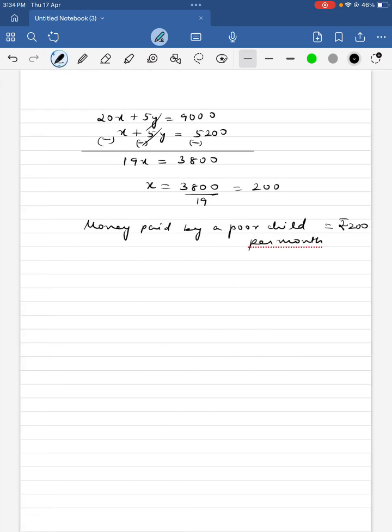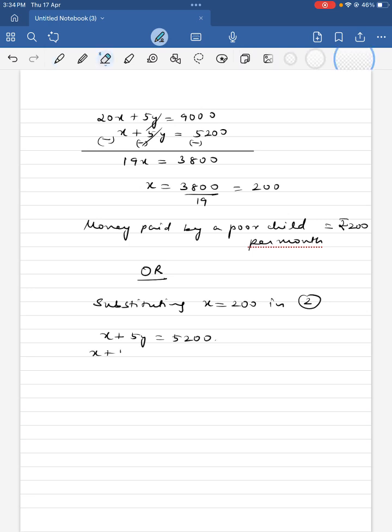So let me answer the or part, substituting x equal to 200 in the second equation. Now, second equation was x plus 5y equal to 5200. So, x we have found out as 200, right? So, I could substitute x as 200. 200 plus 5y equal to 5200.